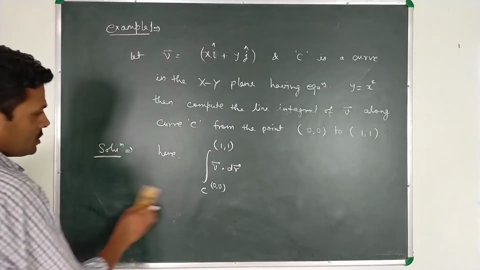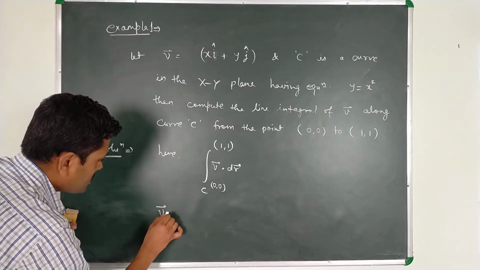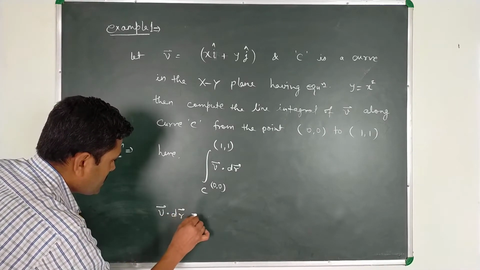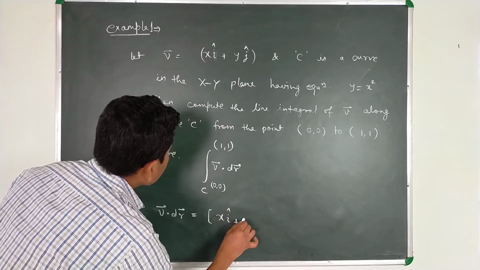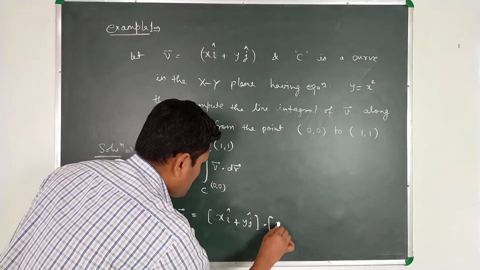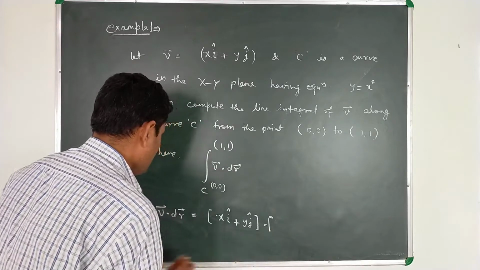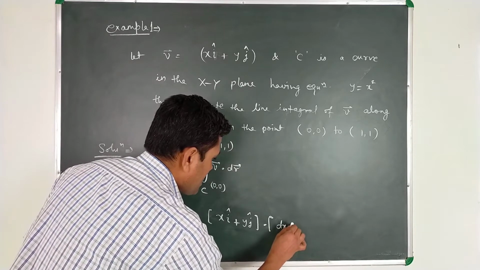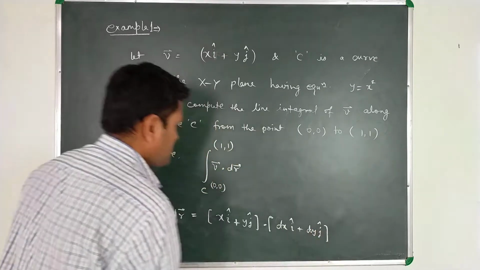Now first of all we would like to calculate v dot dr. So here v dot dr will be equal to x i cap plus y j cap dot, what is dr? dr will be dx i cap plus dy j cap.